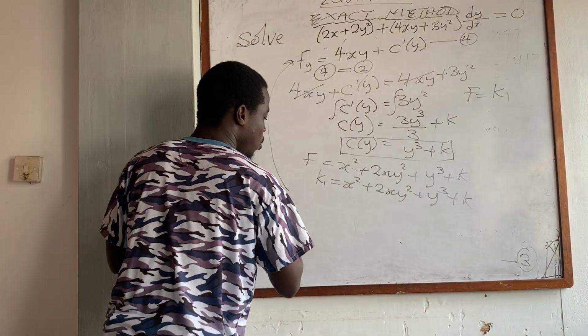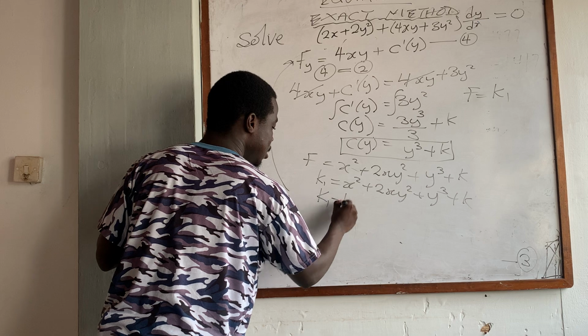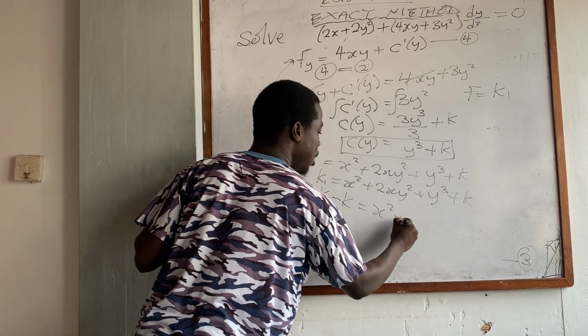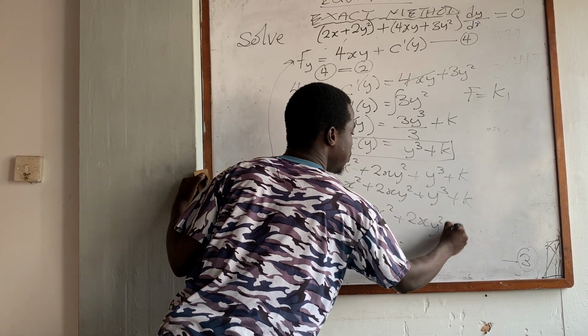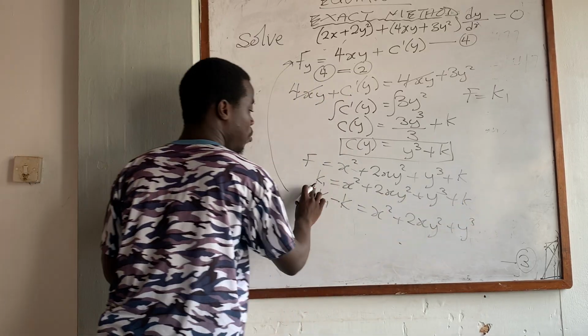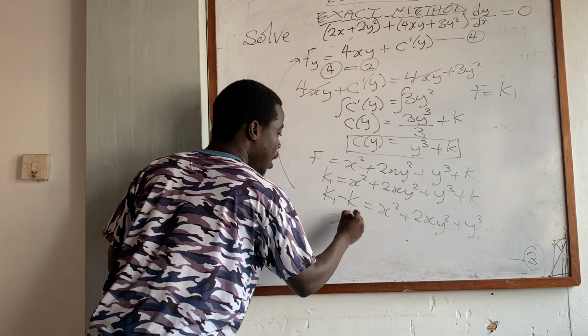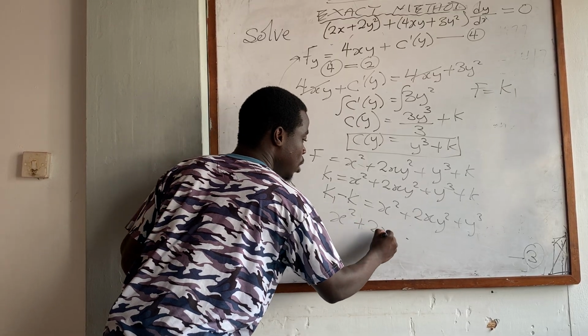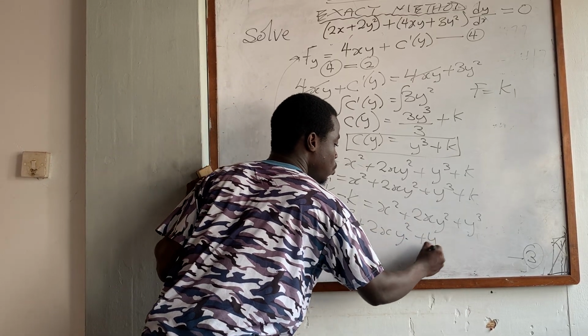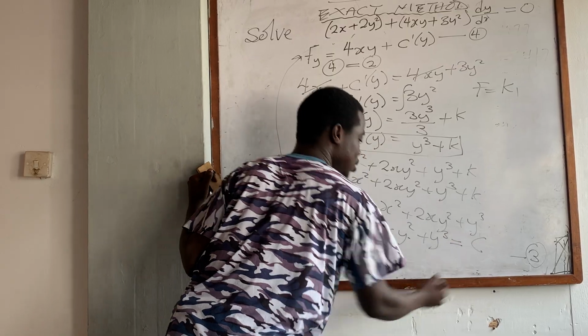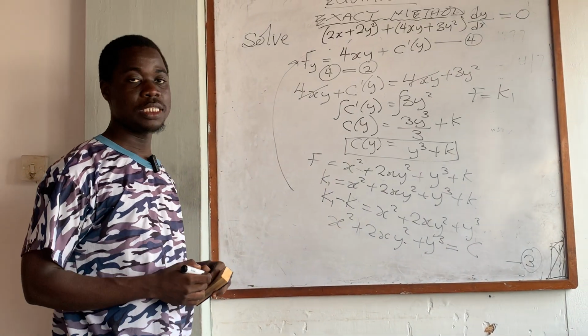So here we will assume that k1 minus k is equal to x squared plus 2xy squared plus y cubed. I brought this one to this side. So I assume that the whole of this will be equal to c. Therefore, x squared plus 2xy squared plus y cubed is equal to c. So this is the solution for the differential equation.